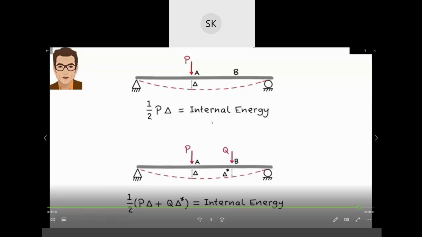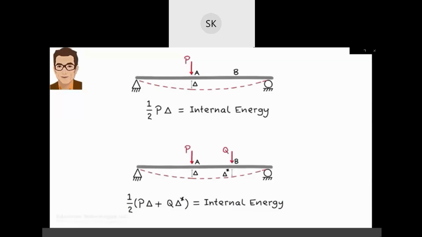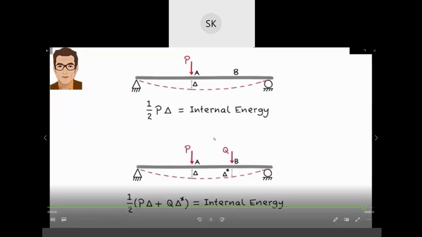Because the equation has two unknowns, delta and delta star. We cannot solve for two unknowns using one equation only. Simply put, the work energy equation can only be used to determine the displacement under an applied concentrated load in the direction of the load when no other applied loads are present.